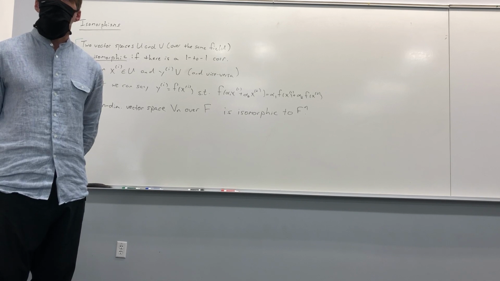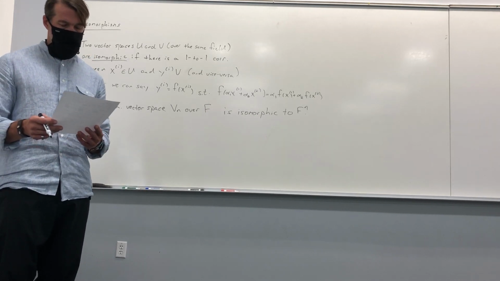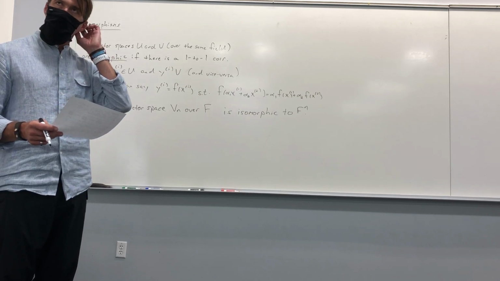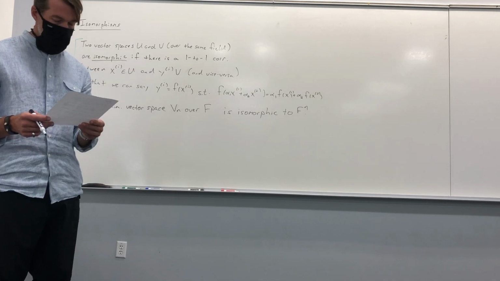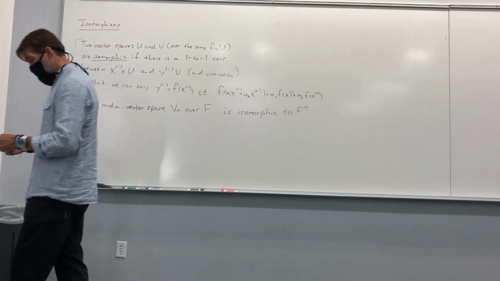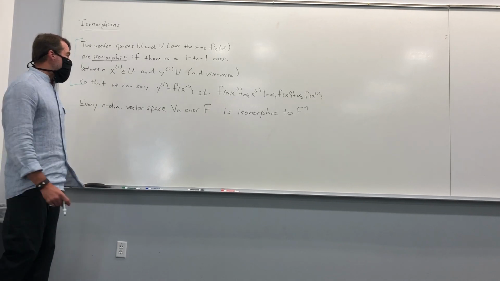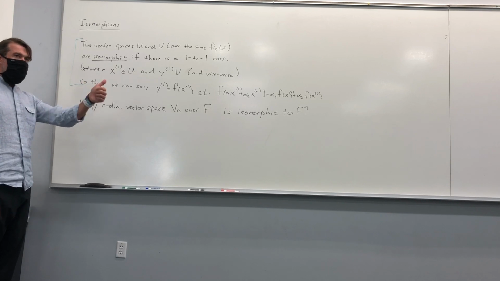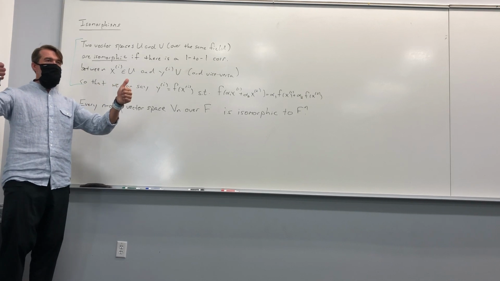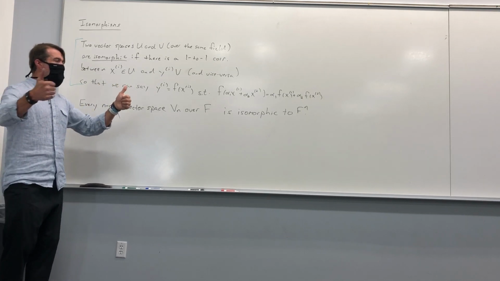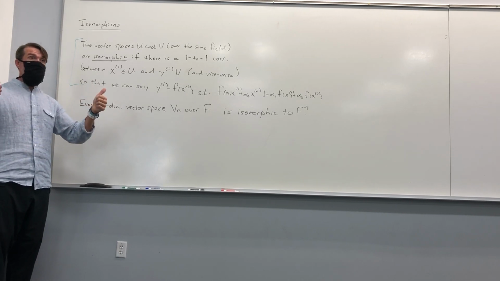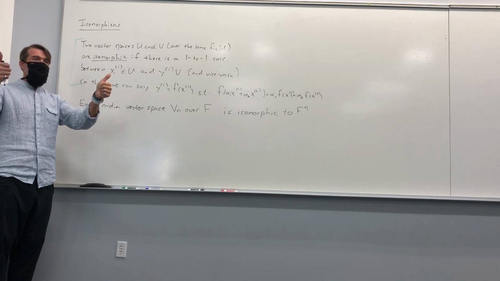Huh. Is that true? Yeah. An immediate consequence of this is that if I give you a vector space of dimension n, and I give you a different vector space of dimension n, since both of those are necessarily isomorphic to Fn, they're also isomorphic to each other.